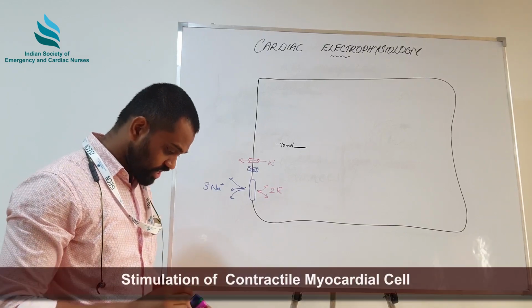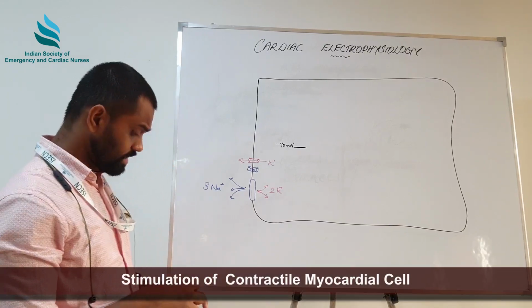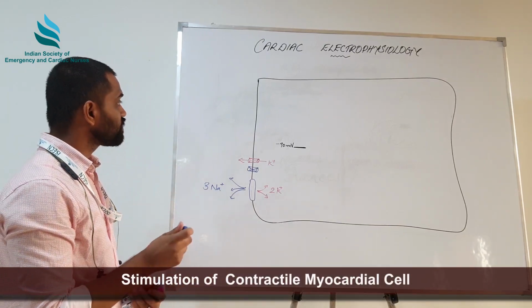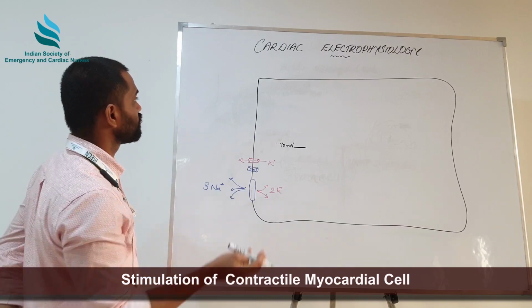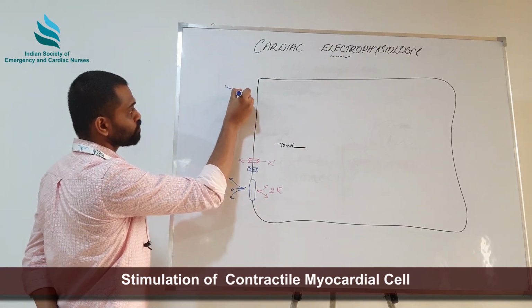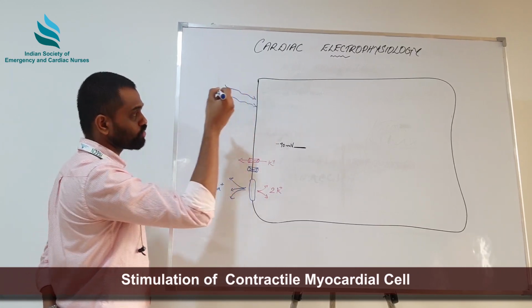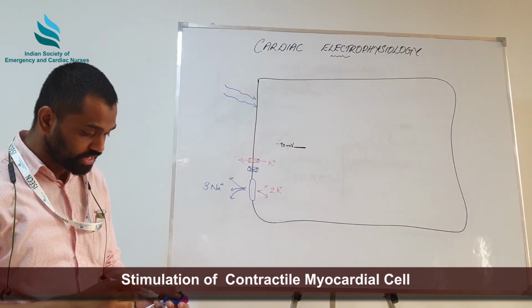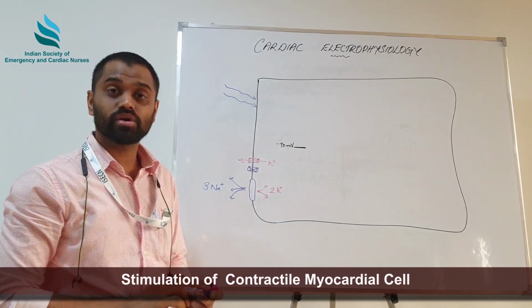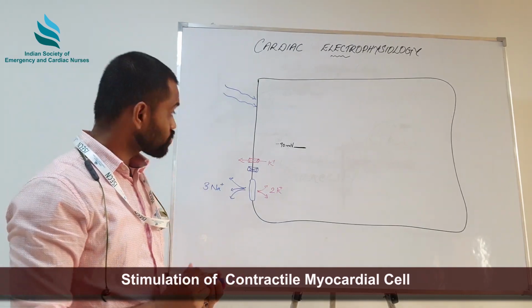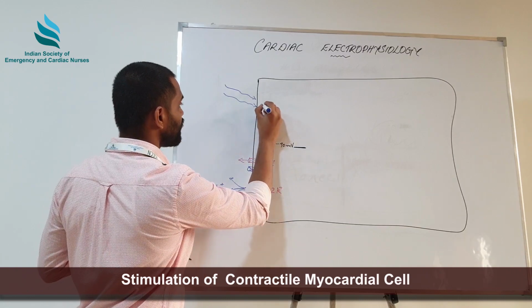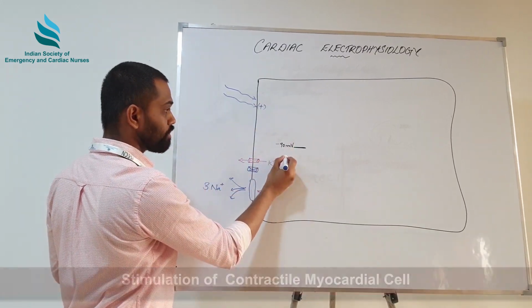At this particular stage, this cell is being stimulated, activated either through gap junctions or through some other mechanisms, and it is loaded with some cations. As these cations enter, what happens to the membrane potential?